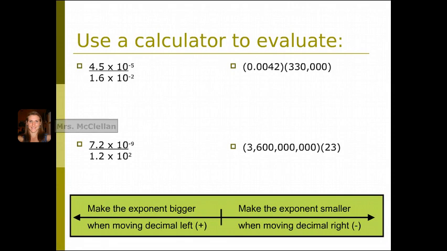Okay, we're going to use a calculator to evaluate these numbers. Using the scientific calculator or the TI-83 calculator, when you put this in your calculator, you want to be sure to use parentheses. So by using parentheses around the whole numerator here, 4.5 times 10 to the negative fifth, you would hit the divide symbol, and you would divide it by, again using parentheses, 1.6 times 10 to the negative 2.